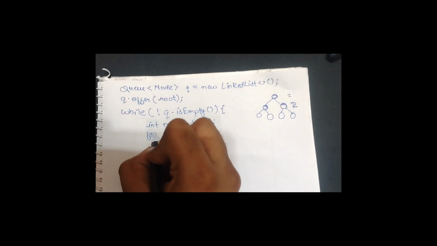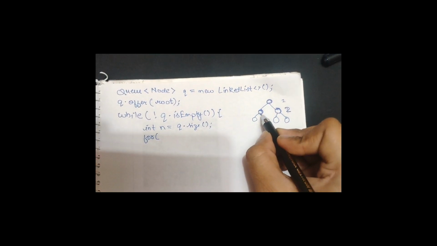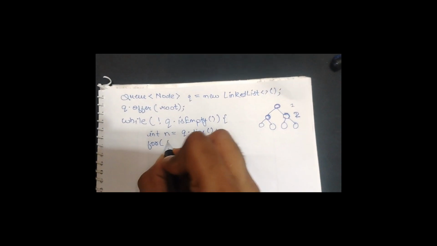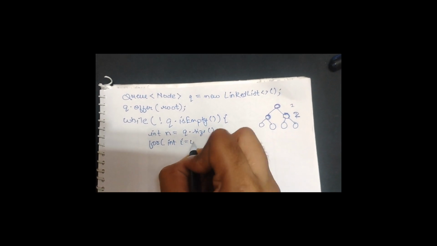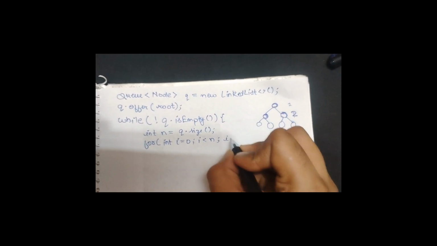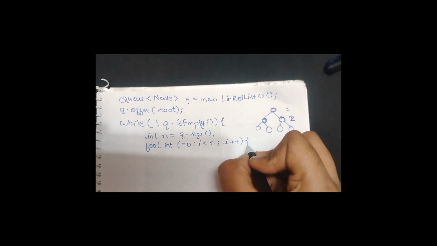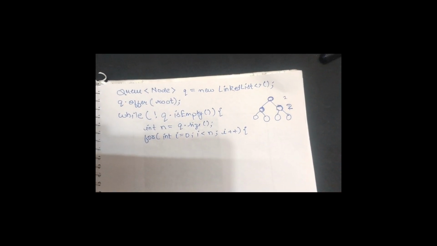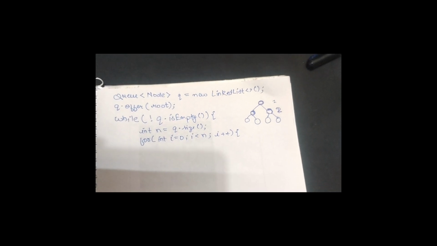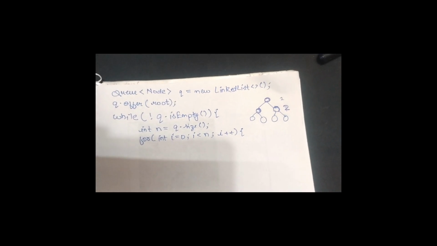Okay, now we'll run a for loop for what? Popping out the nodes of the previous level. For int i equals 0, and I will run till n, which is the queue dot size. And the size, I'll repeat, means the number of nodes of the previous level which are there still in the queue.